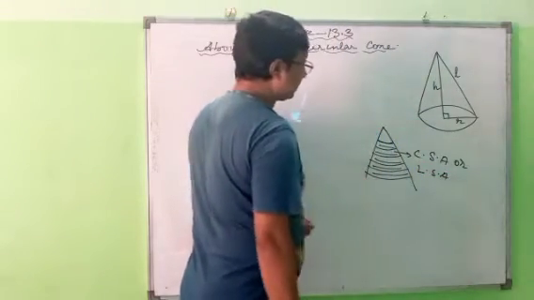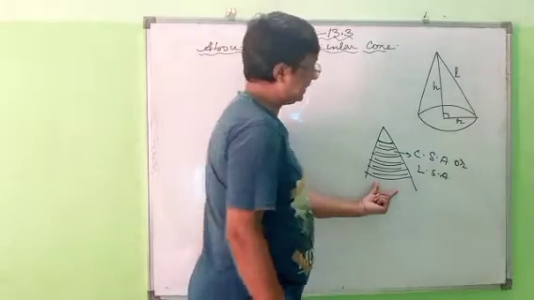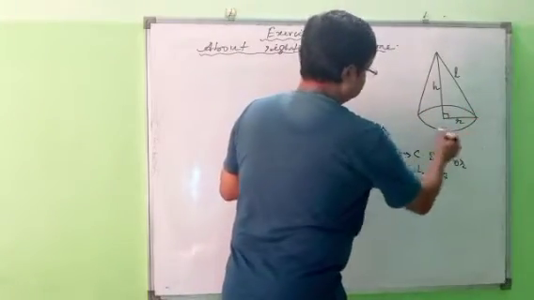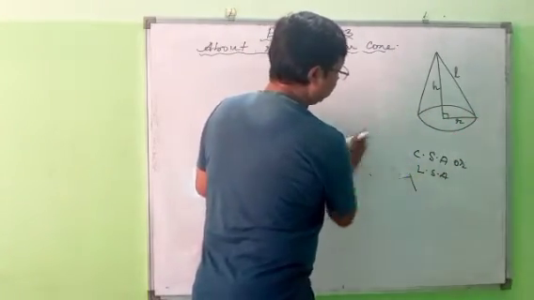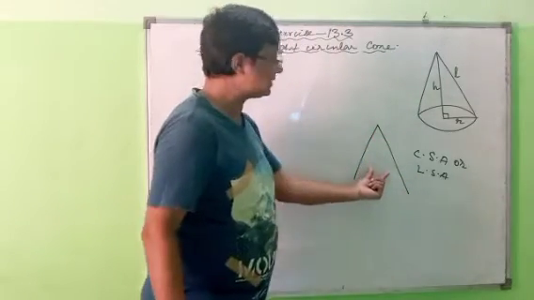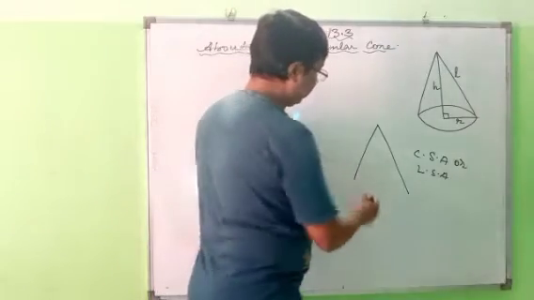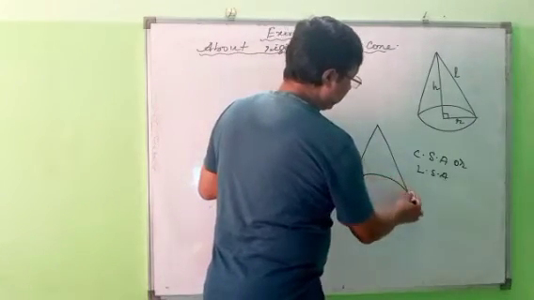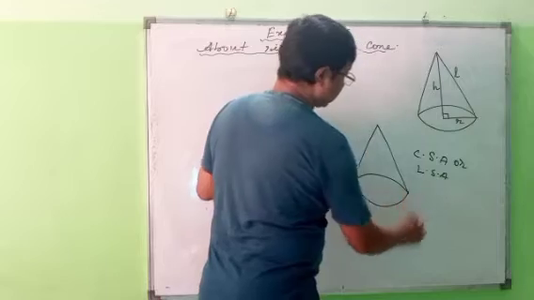Class, supposing this is a solid cone, in that case you will get one base, and the base will be circular.